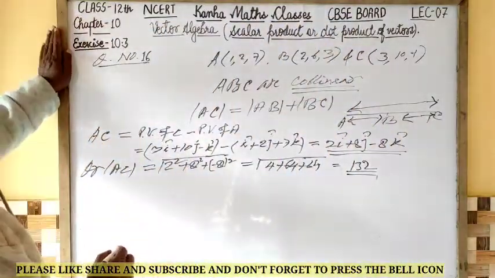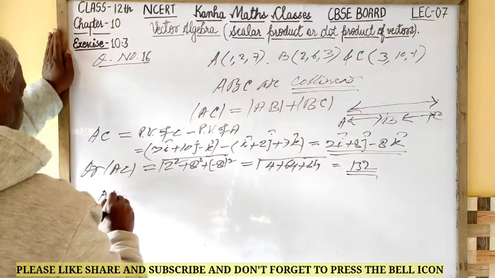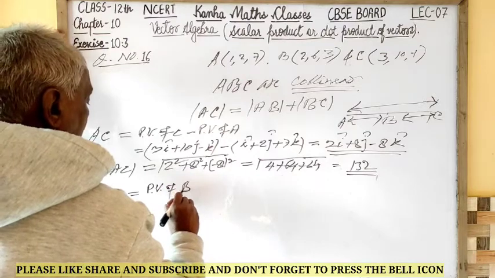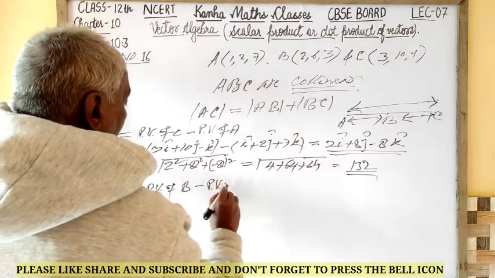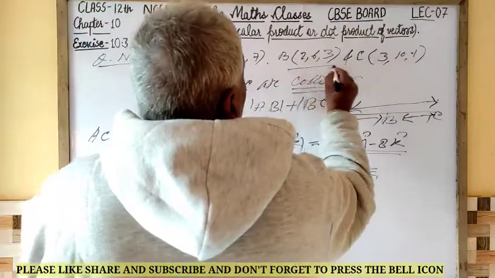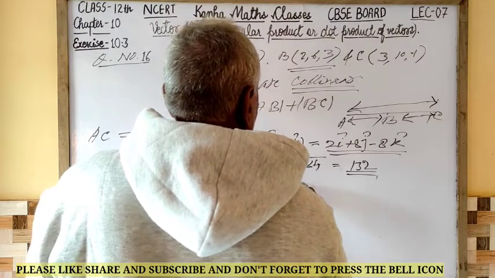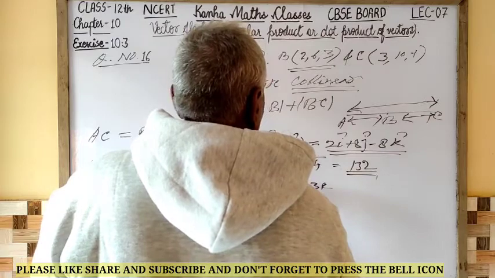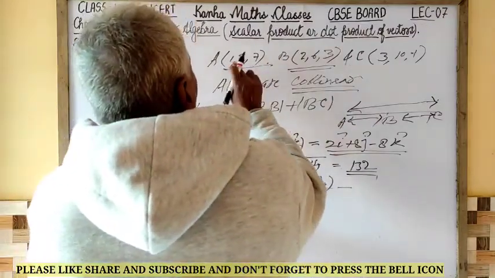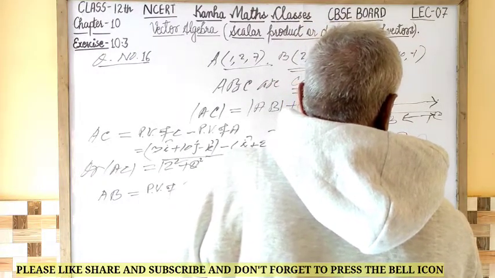And that of vector AB. Vector AB means position vector of B minus position vector of A. Position vector of B means 2i plus 6j plus 3k, minus position vector of A, that is i plus 2j plus 7k.